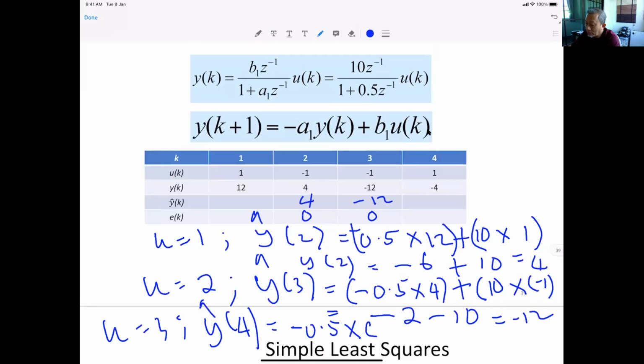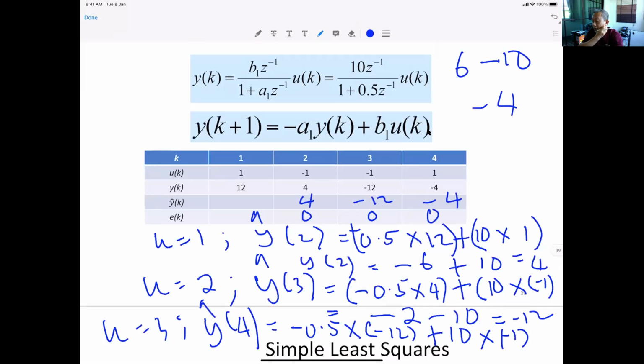Y3 is minus 12, plus 10, the coefficient, multiplied by U3. U3 is minus 1. So it will become 6 minus 10, which is minus 4. So the error is still 0. The average error is also 0: 0 plus 0 plus 0 divided by 3 is 0.